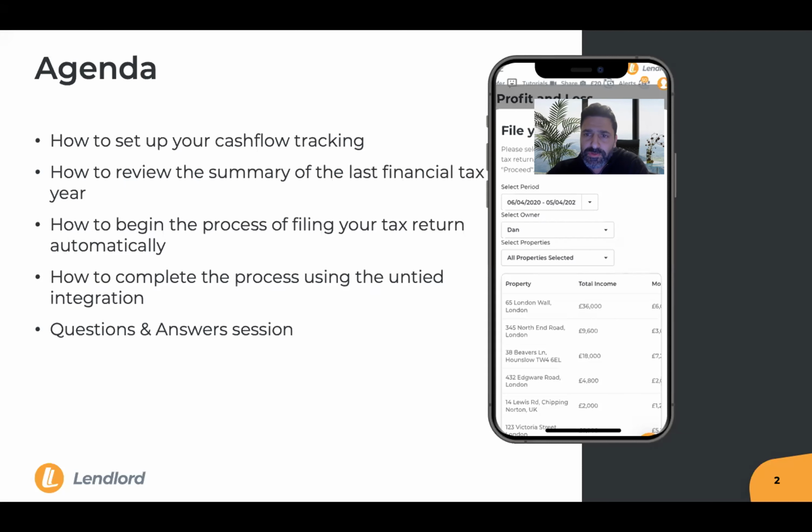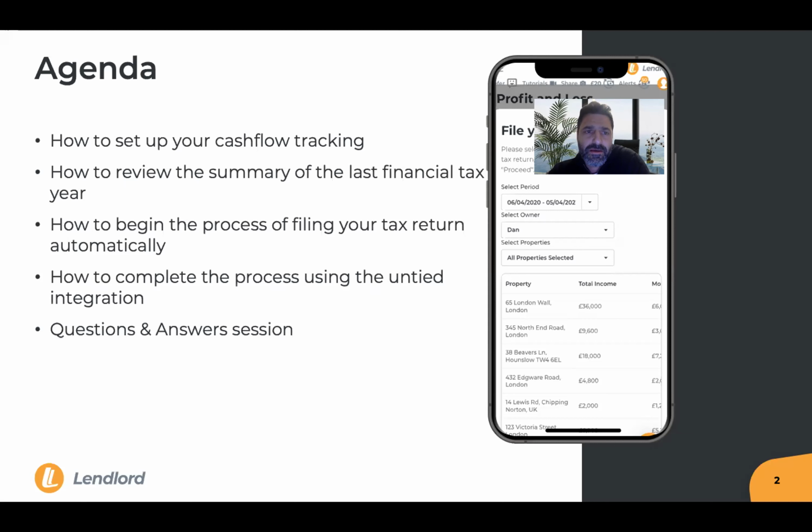And it's a great opportunity to start tracking and make sure that all of your income and expenses are managed correctly on your Lendlord platform. So for the agenda today, we start with the Lendlord side. I will demo how you can set up your cash flow tracking, income and expenses on Lendlord.